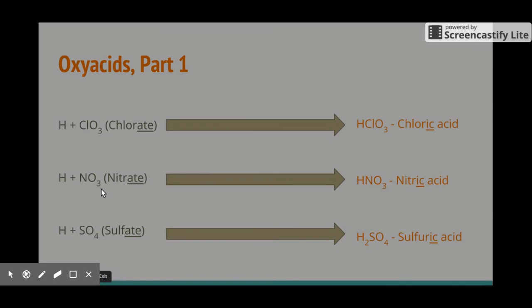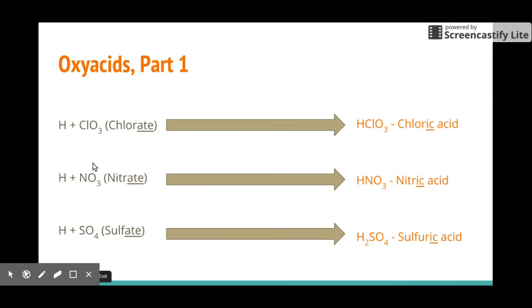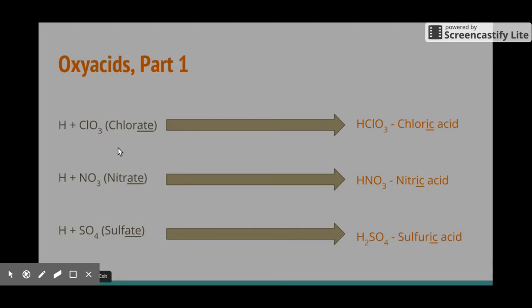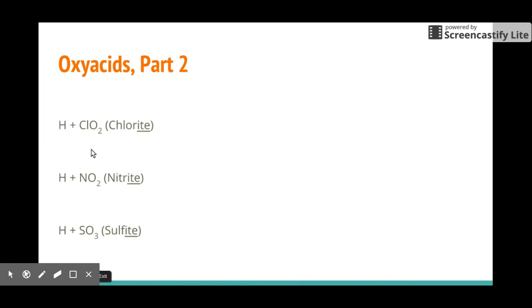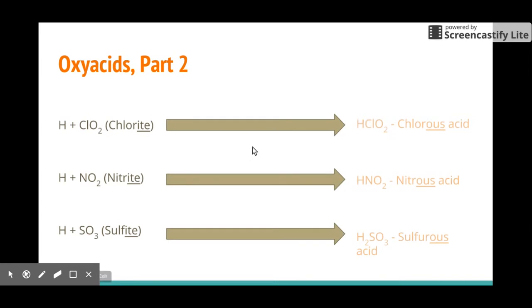And if we look back over here, ClO3, NO3, SO4. So things that end with "ite" have one less oxygen atom. And these all must take the suffix "ous." So we have chlorous acid, nitrous acid, and sulfurous acid. You can see these two over here have one less oxygen than their counterparts on the previous slide.